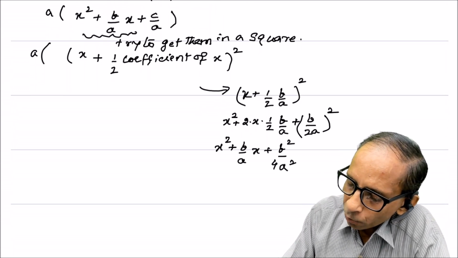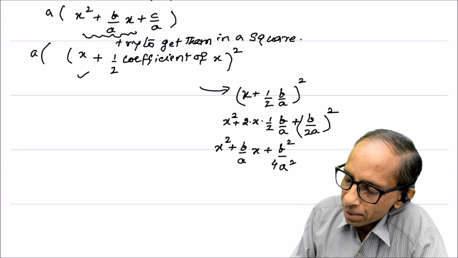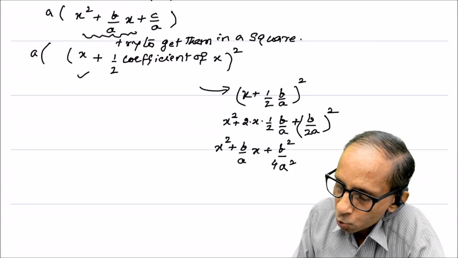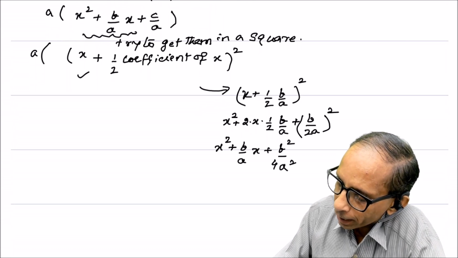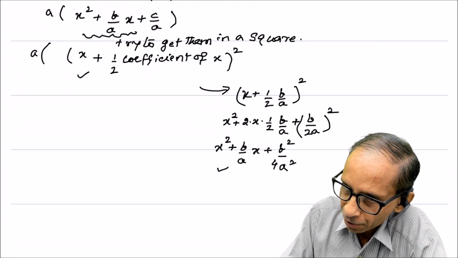So when we try to write in this particular way, x plus half of the coefficient the whole square, then what we are getting is this particular expression.